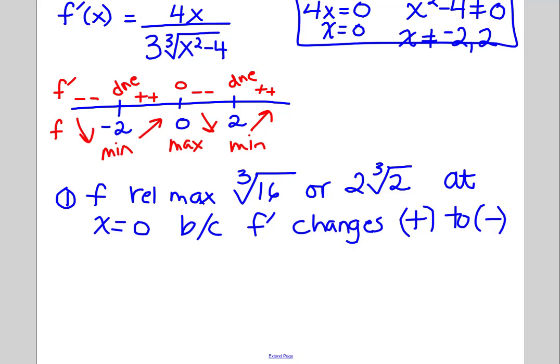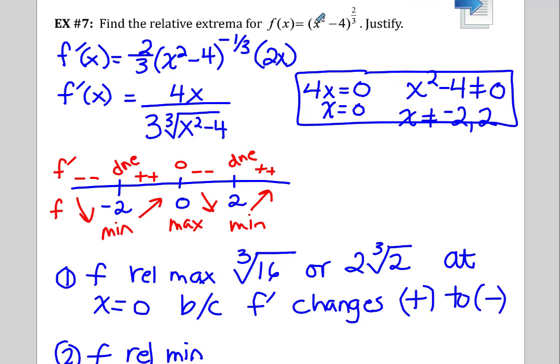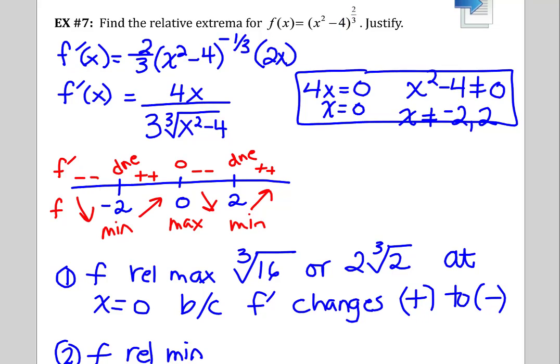And same thing, we got to plug in for our minimum. That would be at the other 2 numbers. F has a relative min. And if you plug in a 0 back here, oh wait, I'm sorry, we were plugging in 0 for the first one.